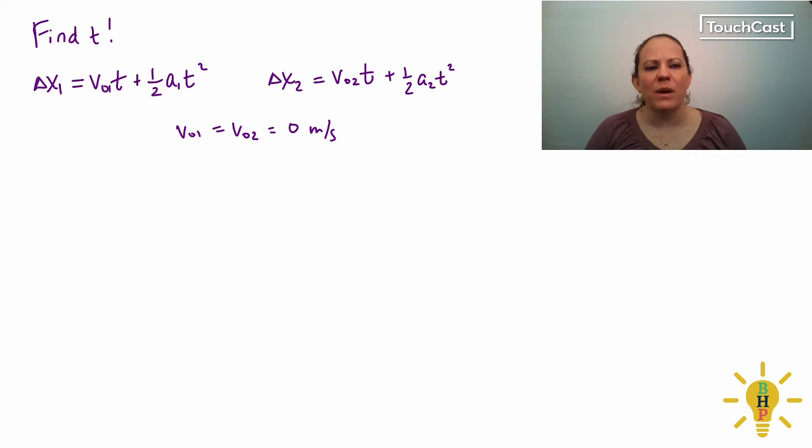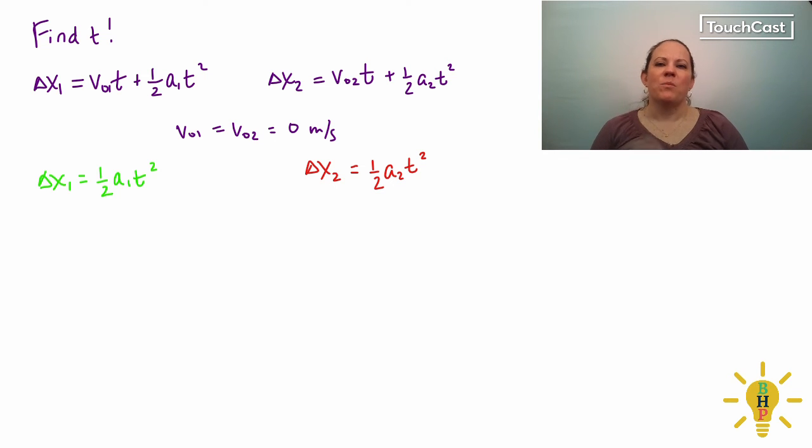And so we're left with, let me go ahead and go back to a little bit of color coding to help with that. So that means delta x1 is just going to be left with a half times its acceleration times time squared. And block 2 is just left with 1/2 times its acceleration times time squared.